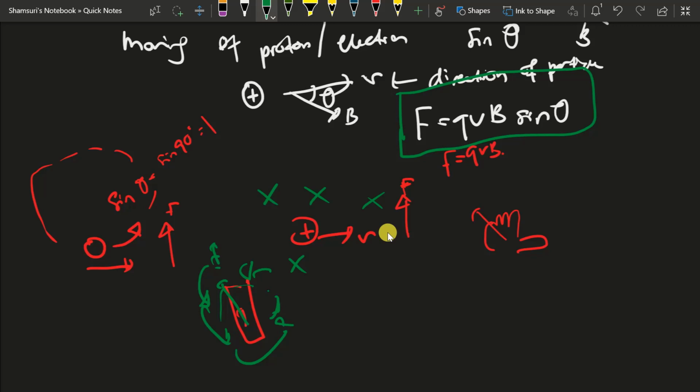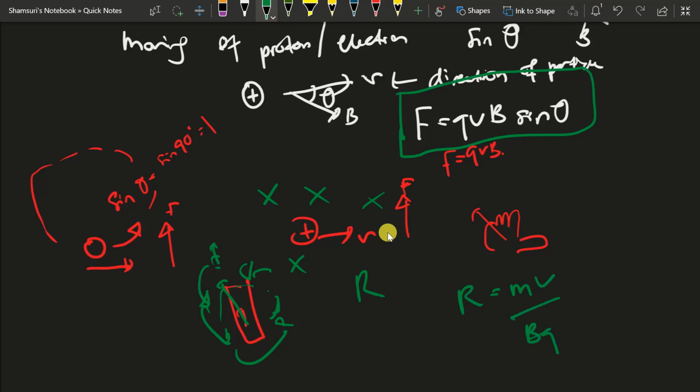And then you can have the R value, the radius of the rotation. I don't need to go further, because we find that R, the moving one, can be calculated by mv divided by qB.